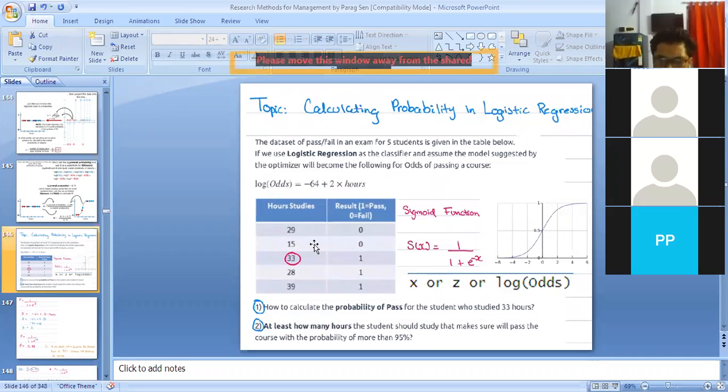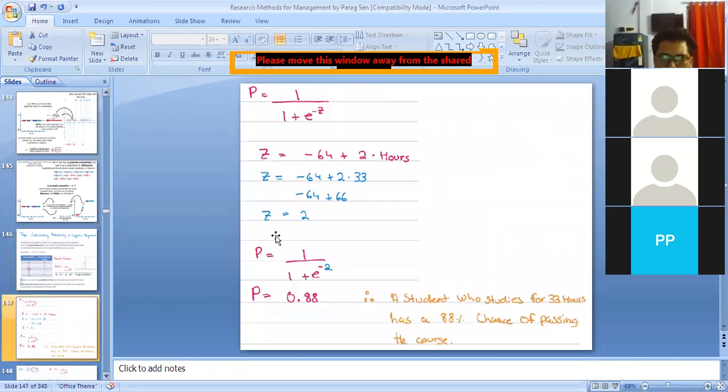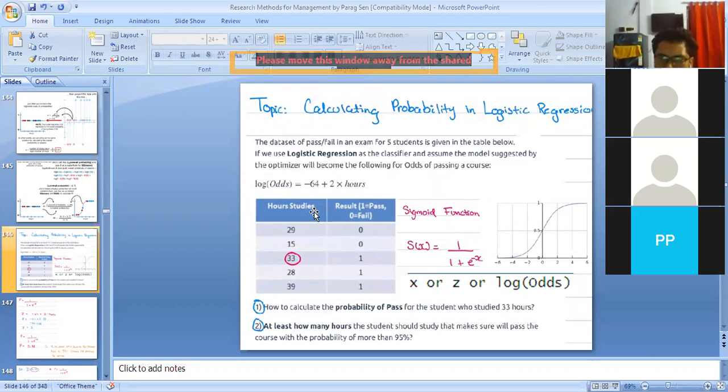Suppose you need to calculate the probability of passing for a student who studied 33 hours. For example, this expression is given by your software.